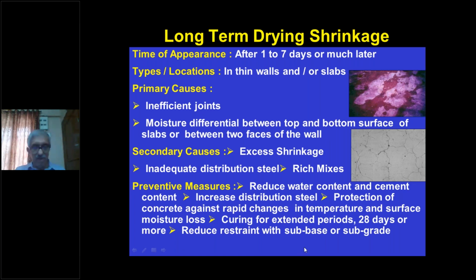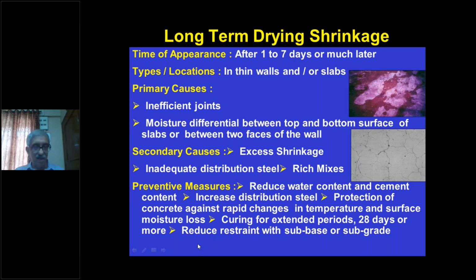Curing for extended period sometimes is recommended when you are using blended materials like slag and fly ash or blended cements. Curing for extended period for 28 days. [...] that the roads are not being cleared for traffic resulted in reducing the curing period to 14 days.